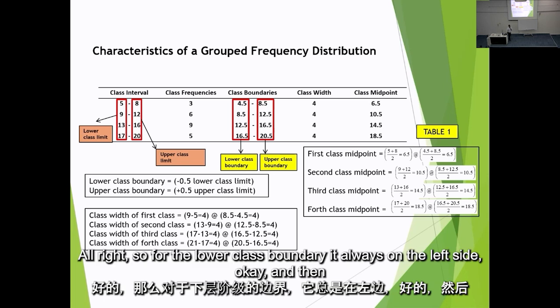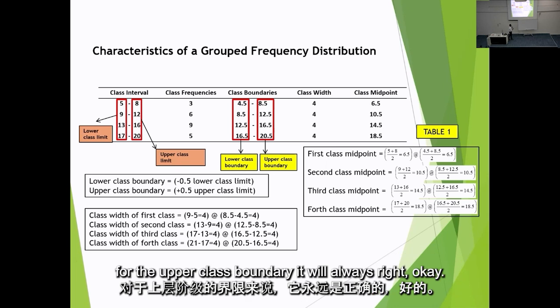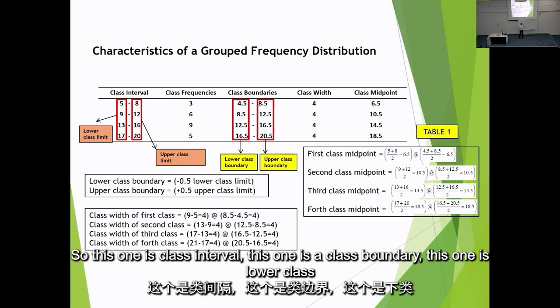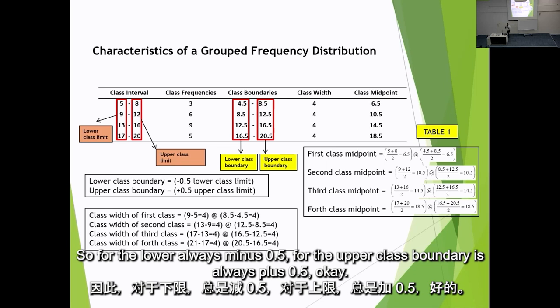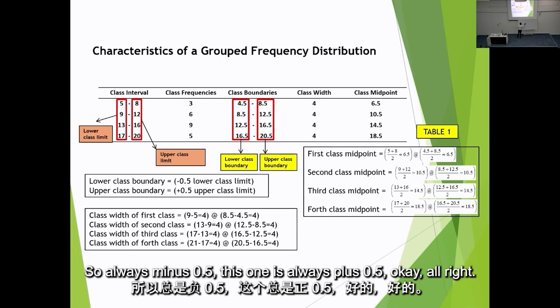For the lower class boundary, always minus 0.5. For the upper class boundary, always plus 0.5.